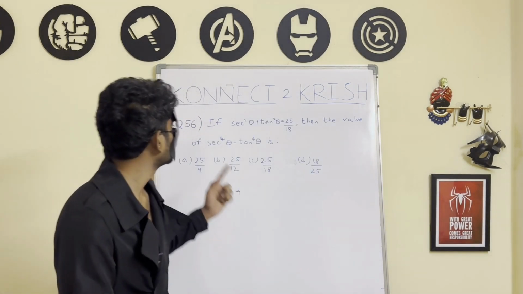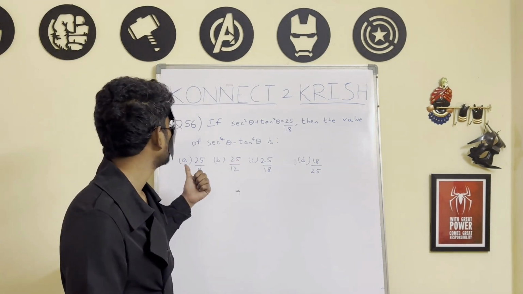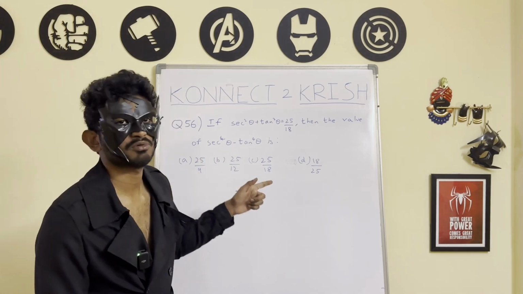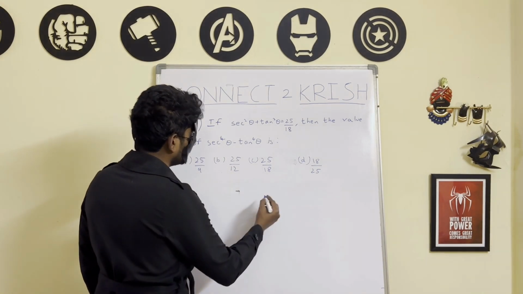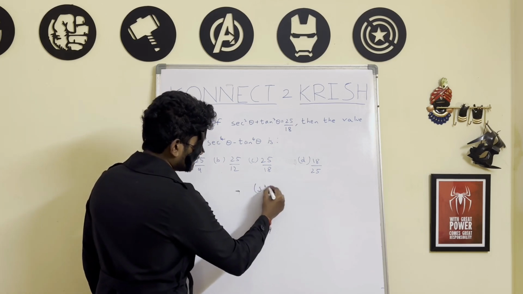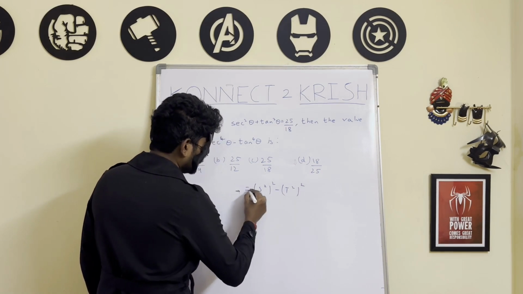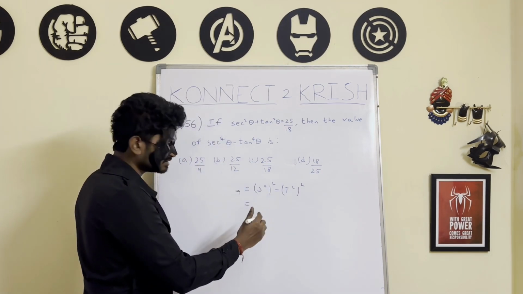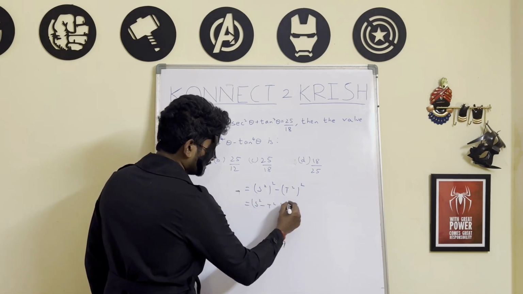So superhumans, next question is if secant square theta plus tan square theta is equal to 25 by 18, then the value of secant power 4 theta minus tan power 4 theta is. This secant power 4 theta minus tan power 4 theta I can write as (secant square theta) whole square minus (tan square theta) whole square, which is in the form of a square minus b square, which is equal to a minus b into a plus b.